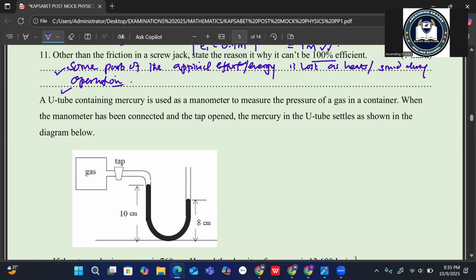You can have another reason. Some work is used in overcoming the load's weight along the helical path.